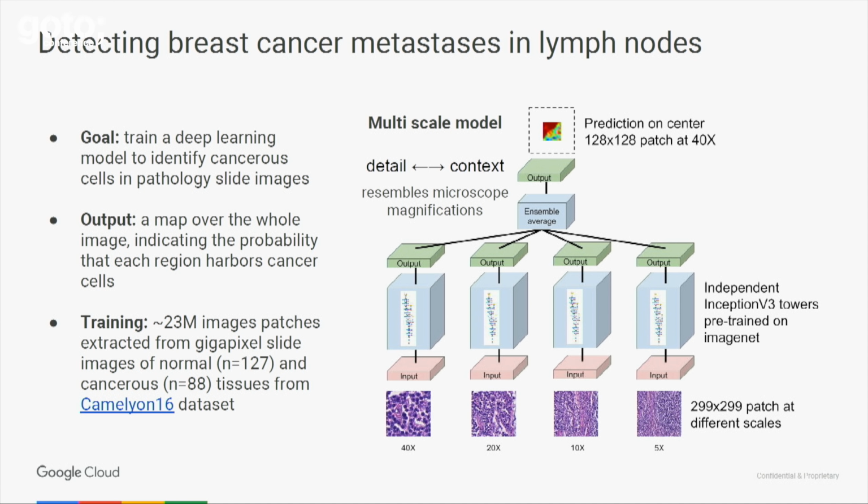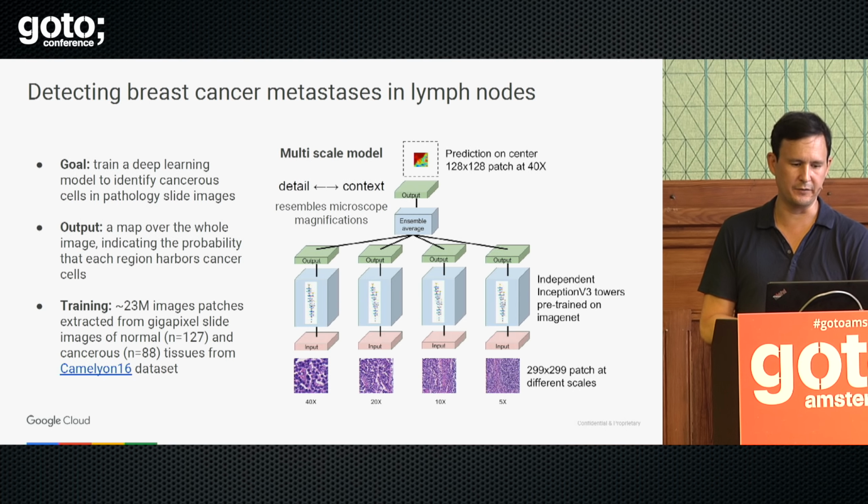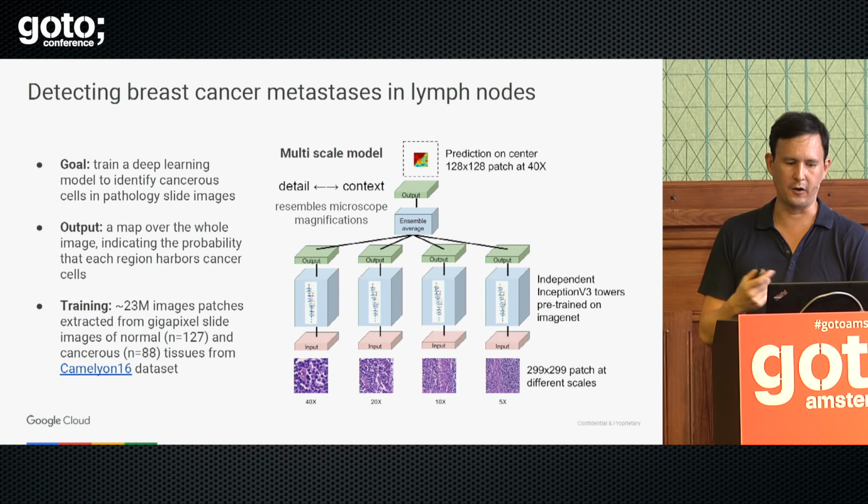So what we did is we took basically these images of the cancer at different magnification levels, and then predicted whether the center patch of some pixels relative to the surrounding pixels is cancerous or not, based on labeling from some physician. So there's like 23 million of these patches that were extracted at all the mag levels. And classified.